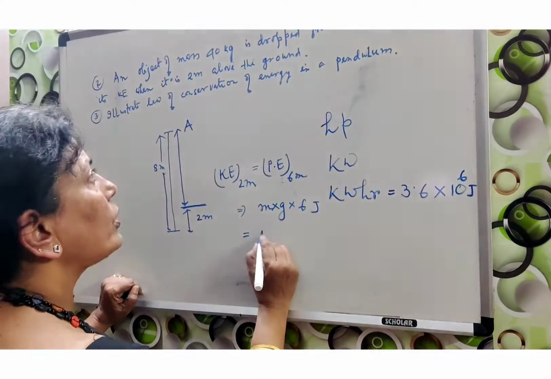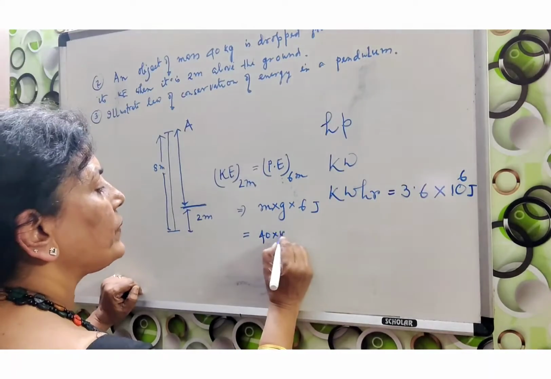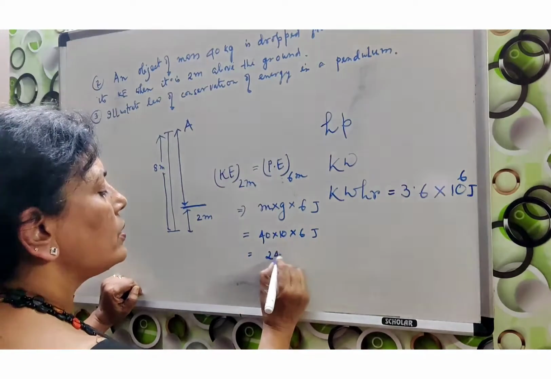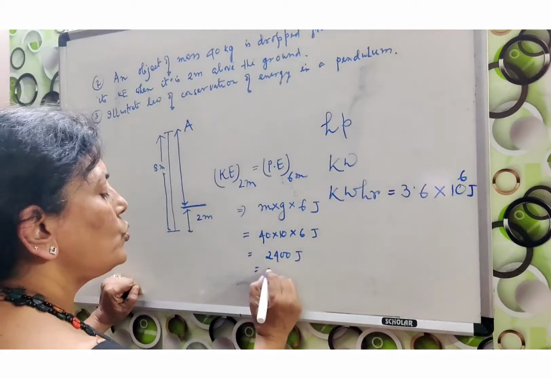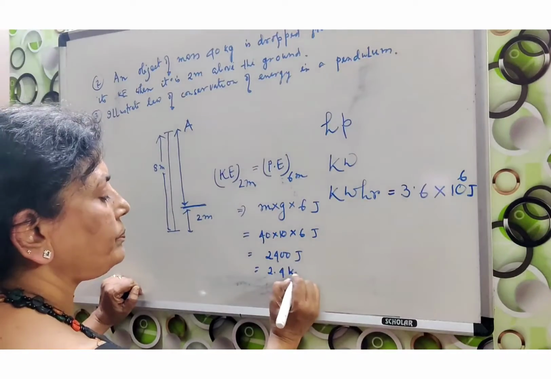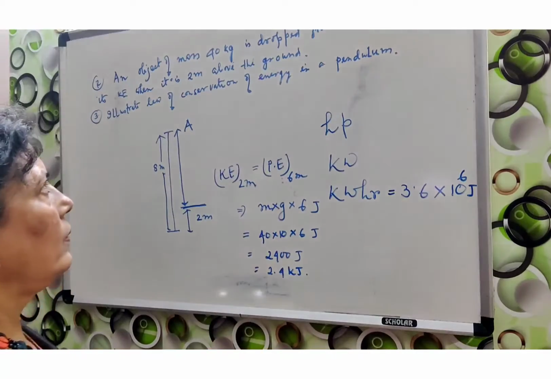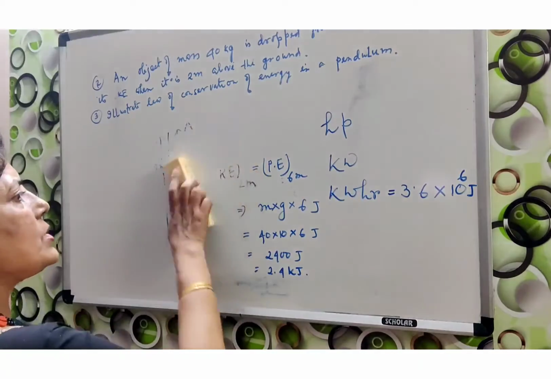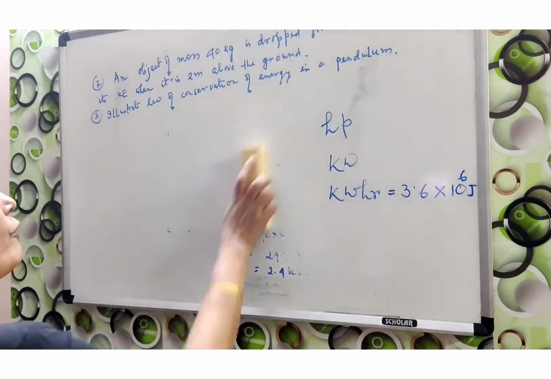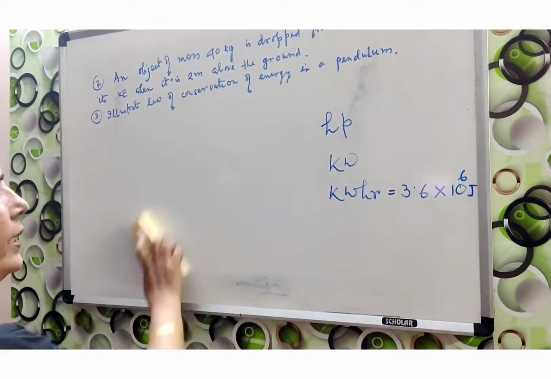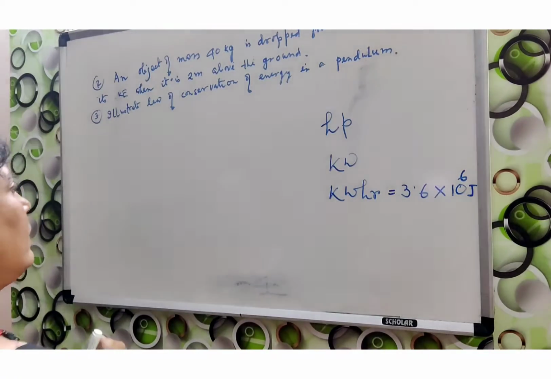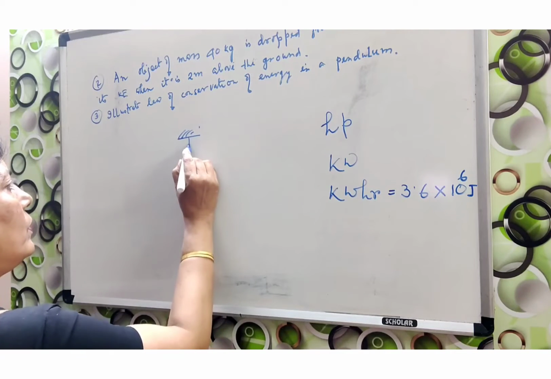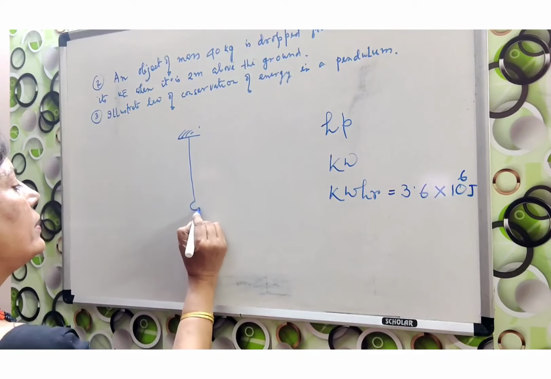That is equal to 40 into 10 into 6 joule, that is 2400 joule or 2.4 kilojoule. Okay, understood. Now we will illustrate law of conservation of energy in a pendulum. Pendulum is a high mass bob suspended from a string.